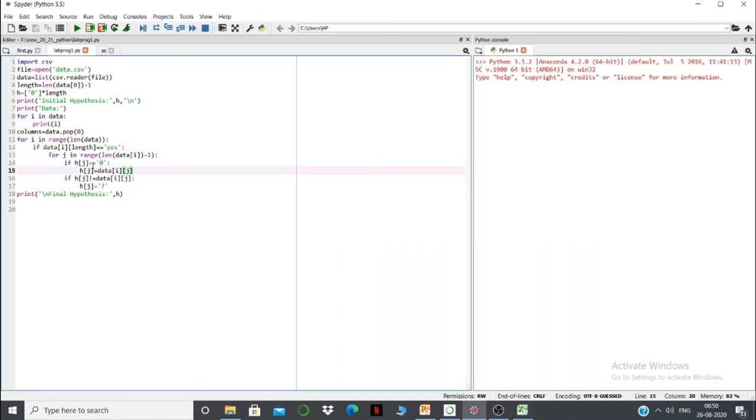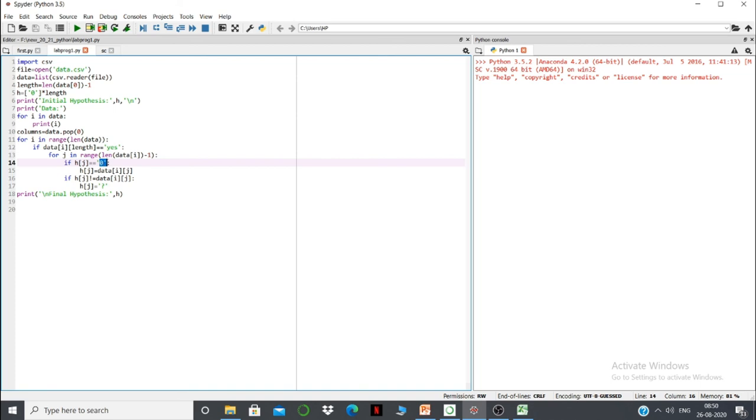Now this is the process which repeatedly occurs. If the target of data i is yes, it comes here and checks whether the generated hypothesis is a phi. If it is phi, replace the phi value with the new attribute values of the data set. Next, once again it moves back and checks whether it is a positive training example.